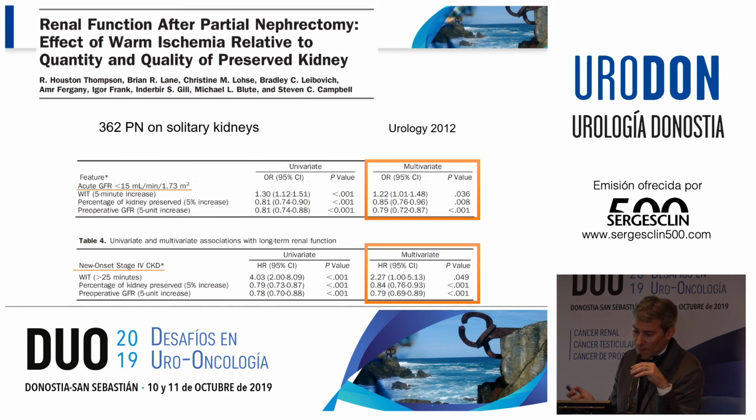And these are the results published about 362 partial nephrectomies on solitary kidneys. And as you can see, in multivariate analysis, the length of ischemia will appear as a predicting factor of acute renal insufficiency, but also for new onset stage CKD.